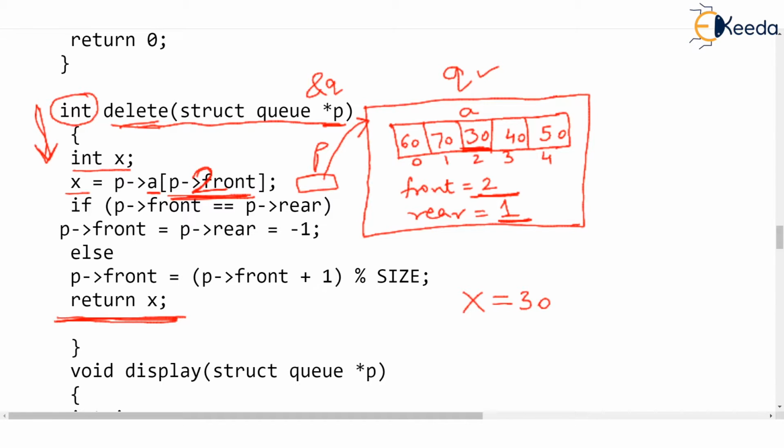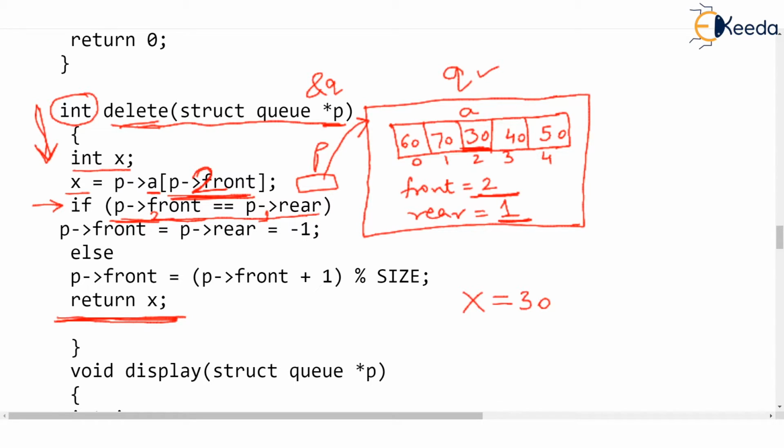But after storing x as 30, we ask: is p arrow front equal to p arrow rear? From the earlier video of the linear queue, which also had a delete function, you know that this is necessary to check whether there is only one element left in the queue. Now at the moment front is 2, observe, and rear is 1.